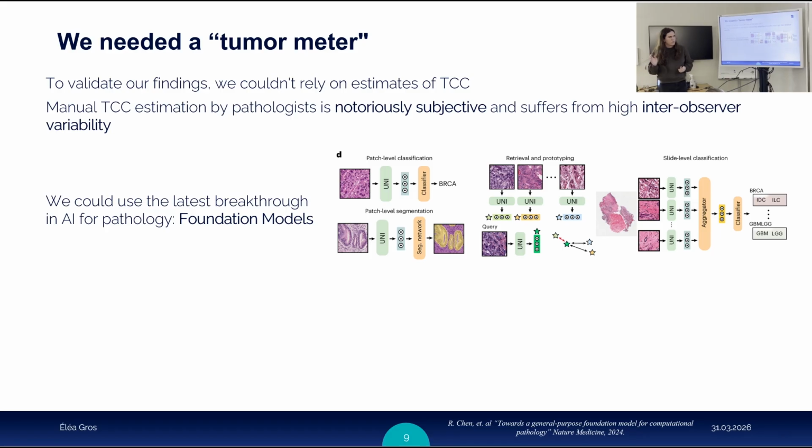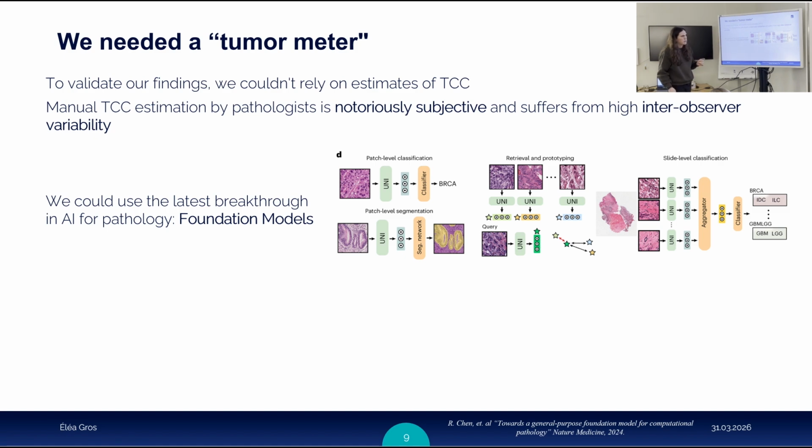I don't know how many of you know foundation models, but basically the idea is that these are very large pre-trained models that learn how to represent, especially in pathology, complex images as a set of feature vectors that represent the tissue well and then can be used in downstream tasks.